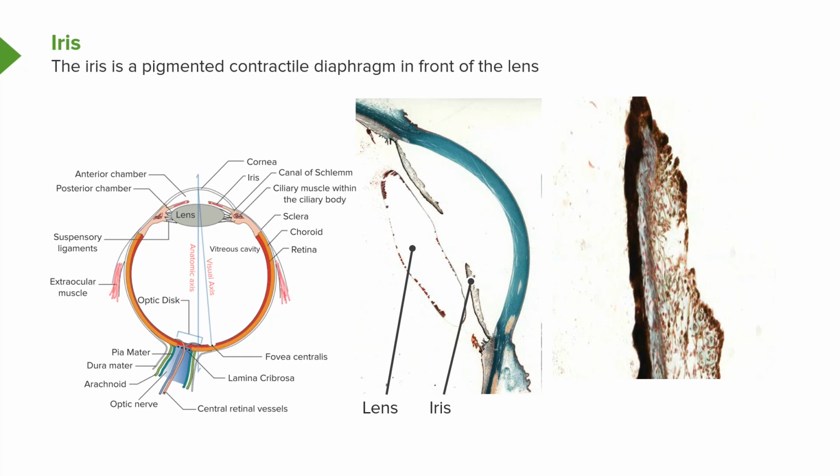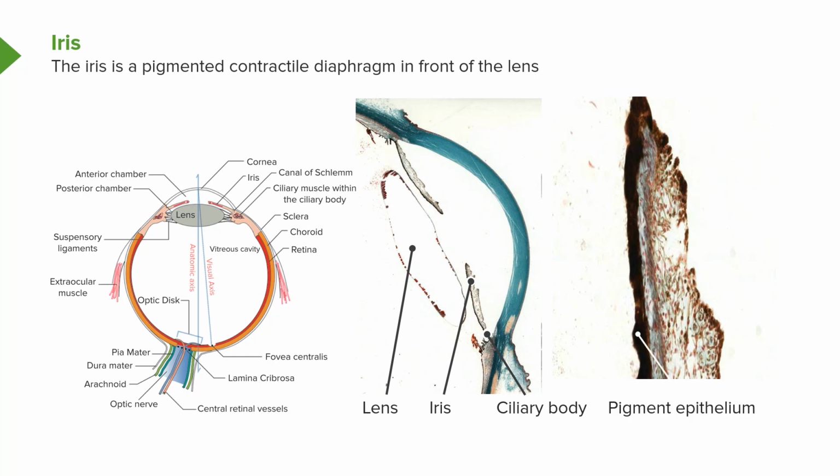The iris sits on the lens, and as I said, it changes its dimensions to allow more or less light going through the lens depending on the level of illumination. And the lens and the iris are associated with the ciliary body, which I'll describe in a moment.